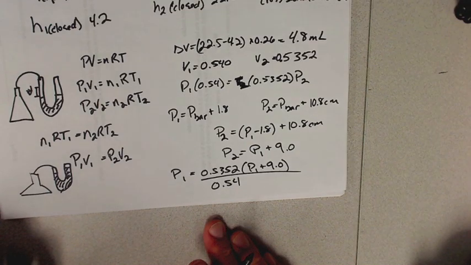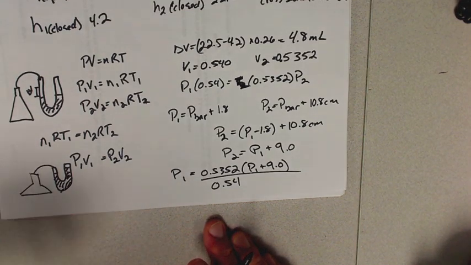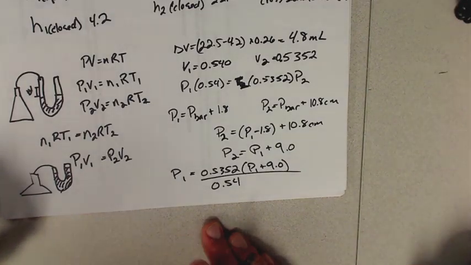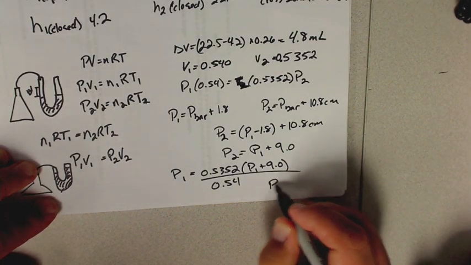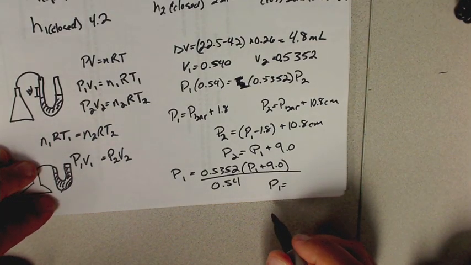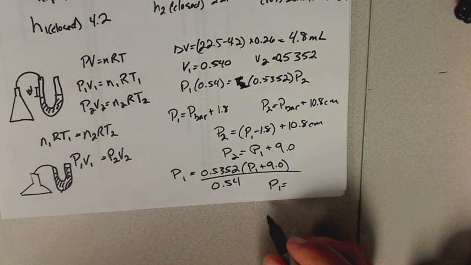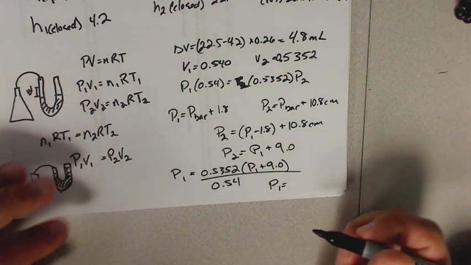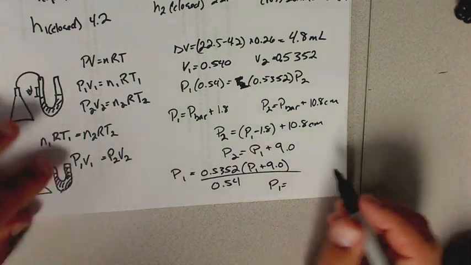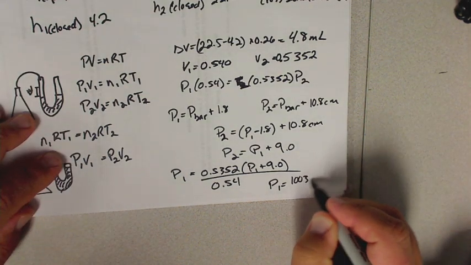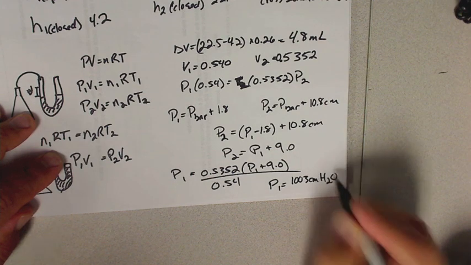If we solve that, you'll get something on the order of P1 equal to 1,003 centimeters of water.